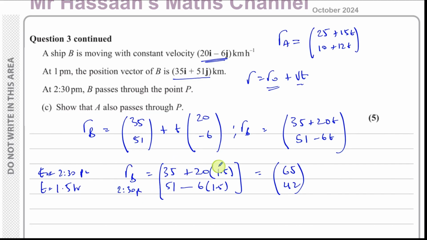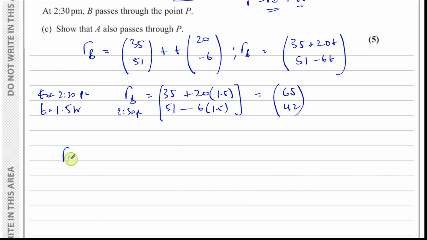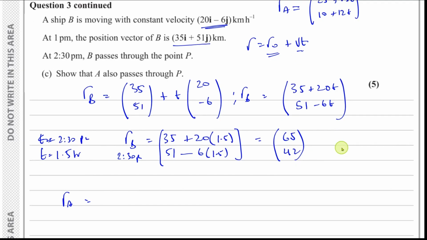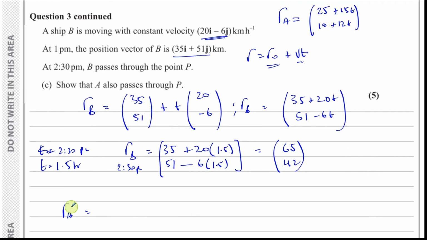Okay. Now, the position vector of A. We want to show that it passes through this point. Does it pass through this point? It doesn't ask us whether it passes through this point at the same time. It's just saying it passes through P. So the position vector of A is given by 25 plus 15t, 10 plus 12t.